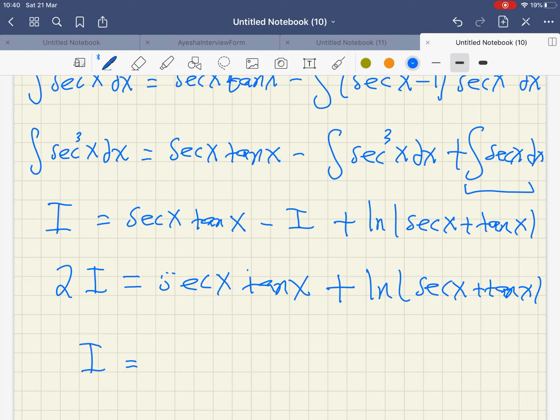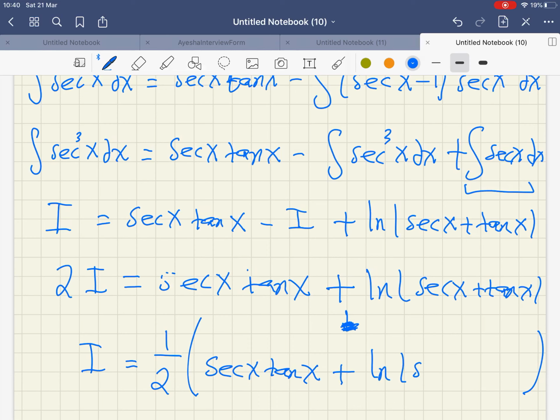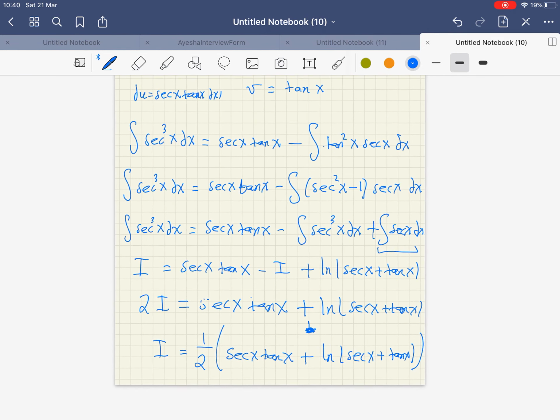And finally, I is just one half of this, which is one half of secant x tan x plus ln of secant x plus tan x. And that's the final answer. That's how we do the integration by parts with secant cube.